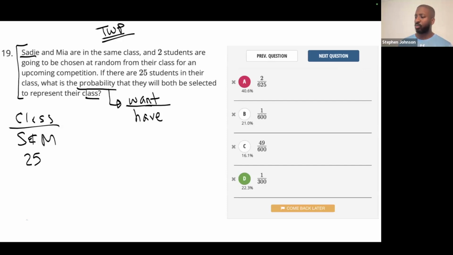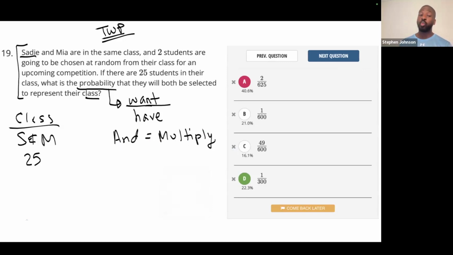So one additional note that I want to give you is anytime you're finding the probability for multiple events, right? In this case, choosing Sadie is one event and choosing Mia is the other event. You want to pay attention to this idea of if I want 2 things to happen, like I want Sadie and Mia, then I'm going to multiply my probabilities for each individual thing happening.